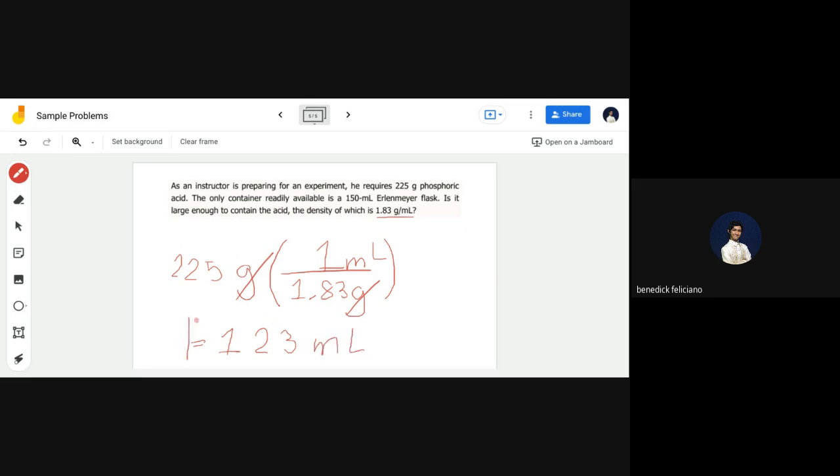By just comparing it with 150 milliliters, it is very obvious that 123 will fit in 150 milliliters. There's an allowance.